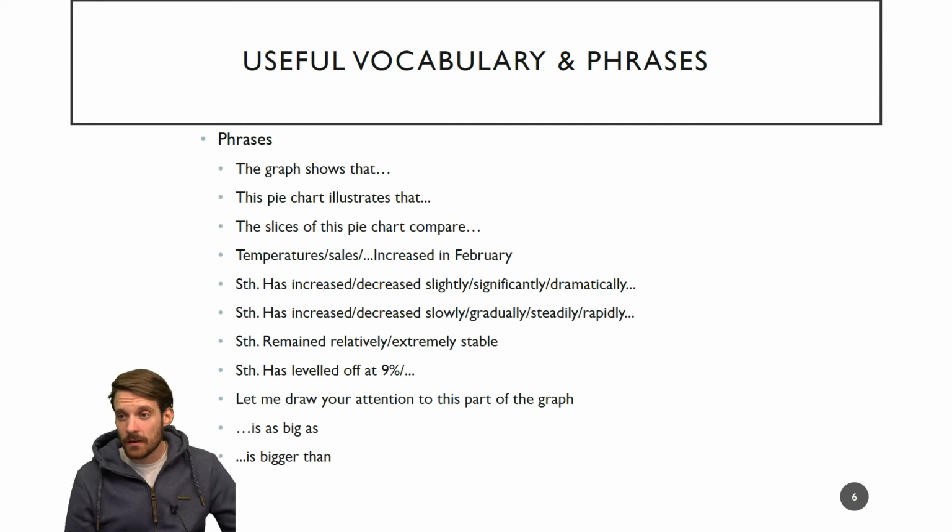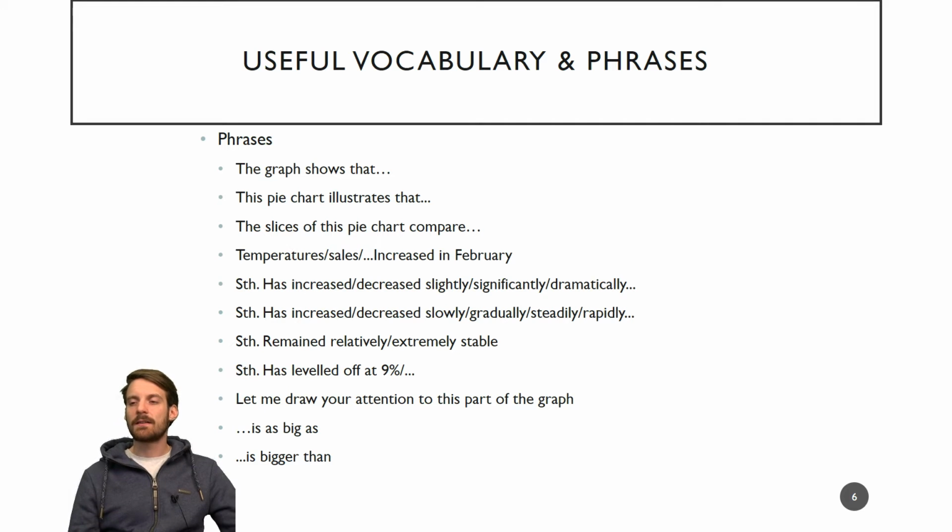Of course, something can also remain relatively or extremely stable. Something can also level off at a point, which means that it stopped increasing or decreasing. Normally it's used with both, but yeah.